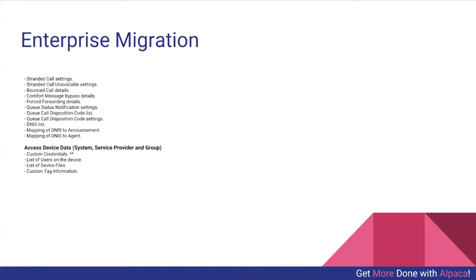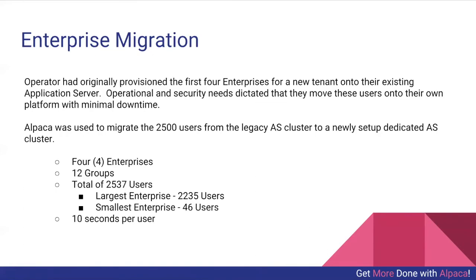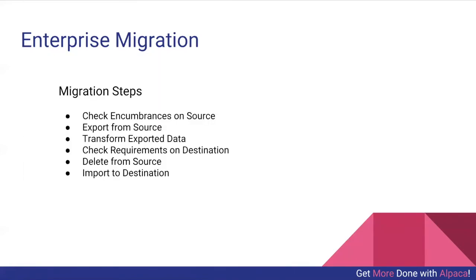So for the import and the export functionality, I listed back on this slide some of the steps. When you get ready to do an export, it does these first two steps. It'll check the encumbrances on the source, and then it'll export from the source and put them in a JSON file.